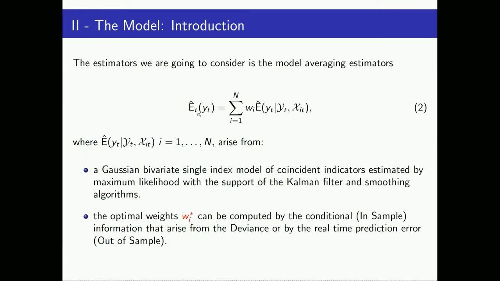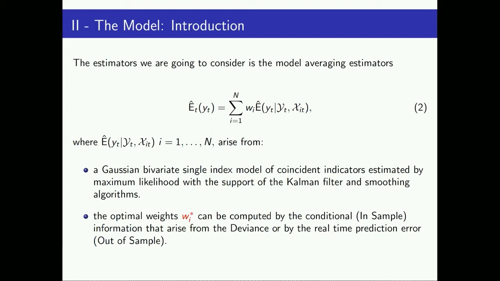How do we deal with this problem? We deal with it using two different approaches. The first is related to the in-sample estimate that comes naturally from the estimation process that we are considering, that is, from the likelihood of the model. The second instead is related to the prediction performance of the model, and we call this approach the out-of-sample weighting scheme.